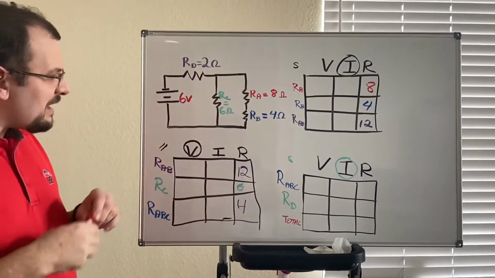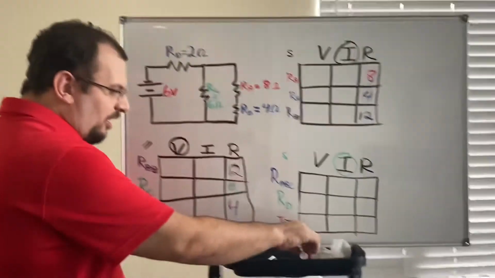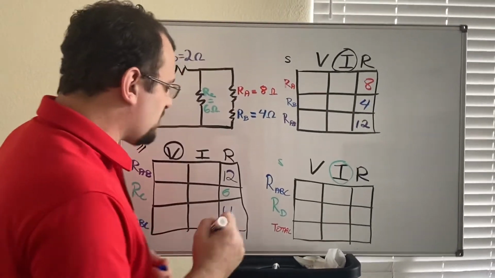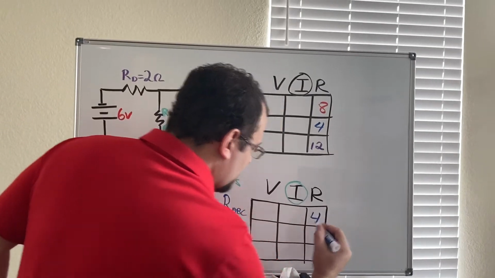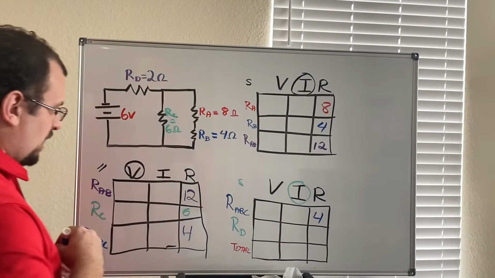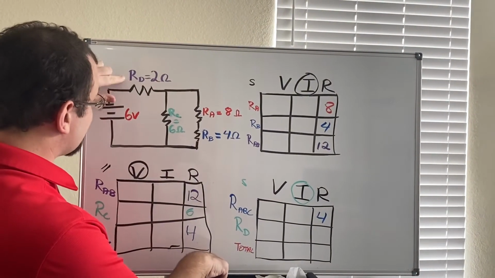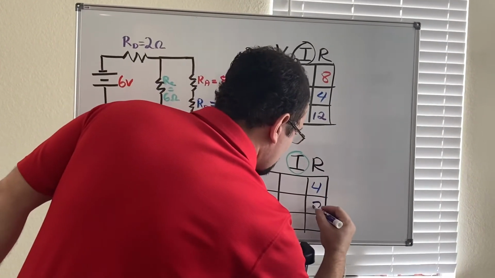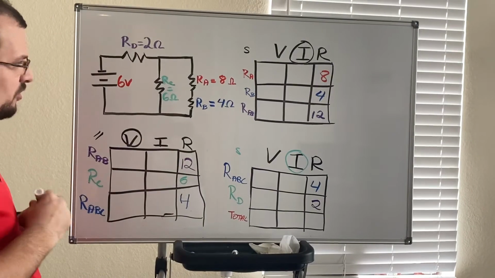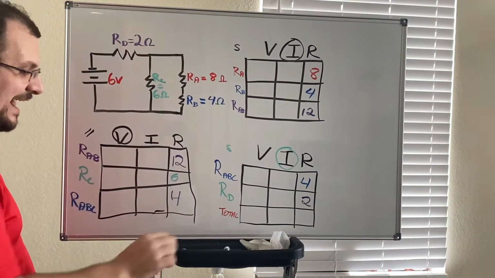So now let's fill in all the things that I know now. So resistor ABC, that's going to be 4. Resistor D, that's going to be 2 ohms. And my total voltage, I now have that.